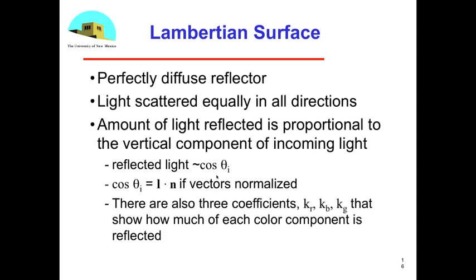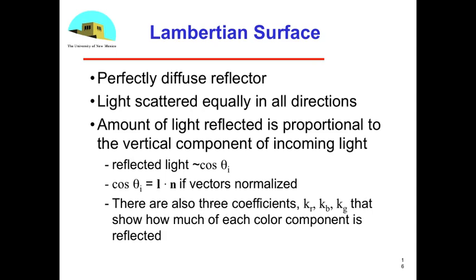And since it's dependent on the cosine, here's where again the computational niceness of this model comes in: if the vectors are normalized, the cosine is just L dot n. So the diffuse component in the Phong model is some constant times L dot n, where the constant has to do with how much of that component is absorbed and how much is reflected. So 0.5 L dot n would mean that half of the light was absorbed and half was reflected.